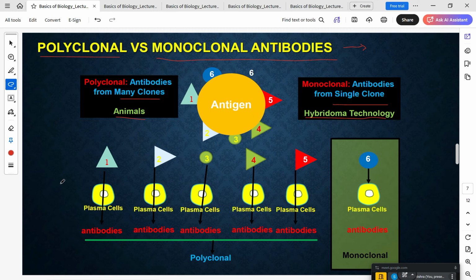And because against a single antigen there are so many plasma cells producing so many types of antibodies, the pool of these antibodies is known as polyclonal antibodies. Whereas in case of monoclonal antibodies, there is only a single epitope against which the plasma cells are releasing the antibodies, and therefore it is monoclonal.